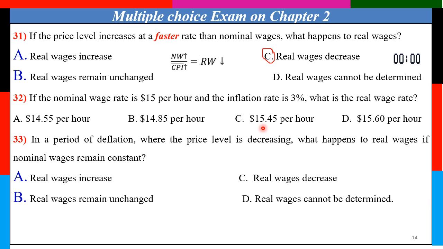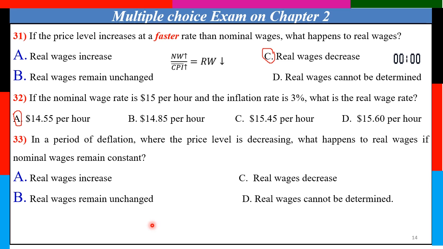C. $15.45 per hour. D. $15.6 per hour. A is the correct answer.